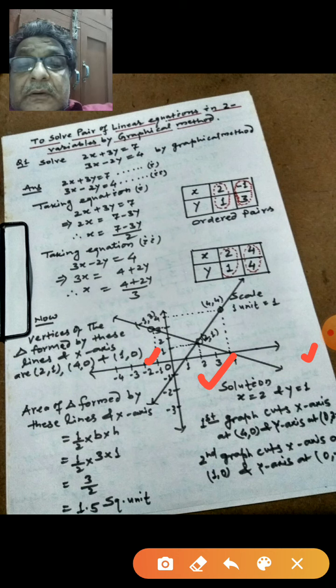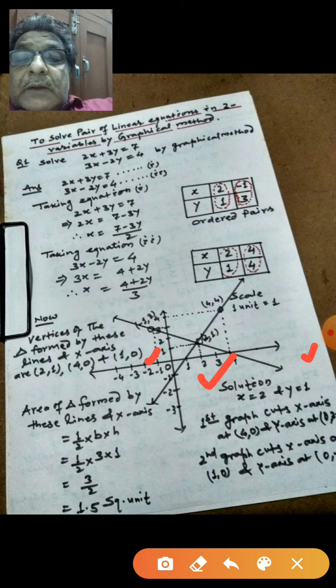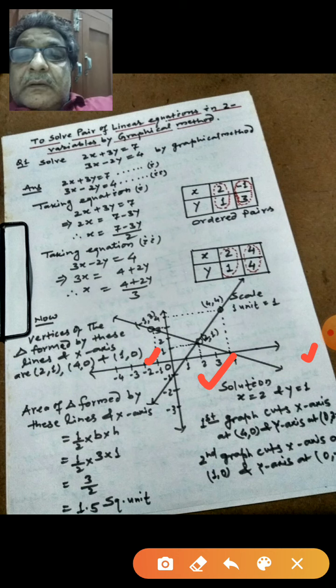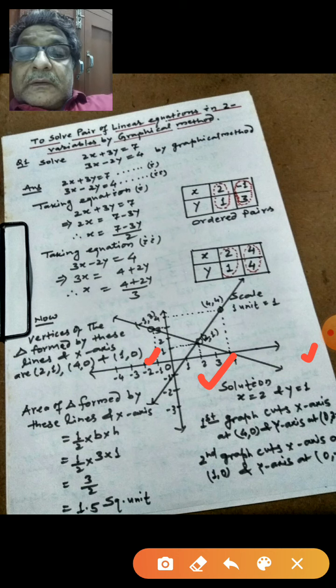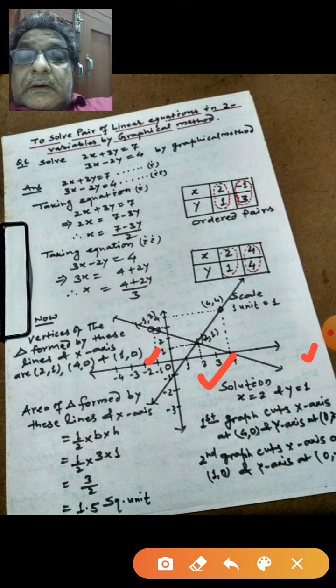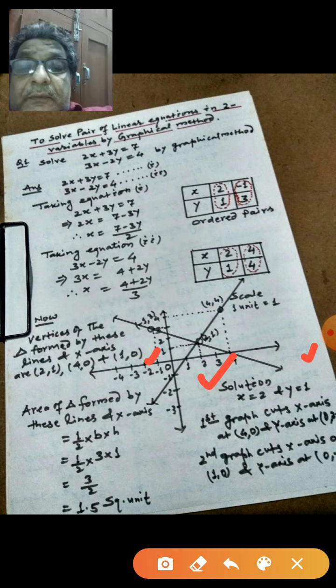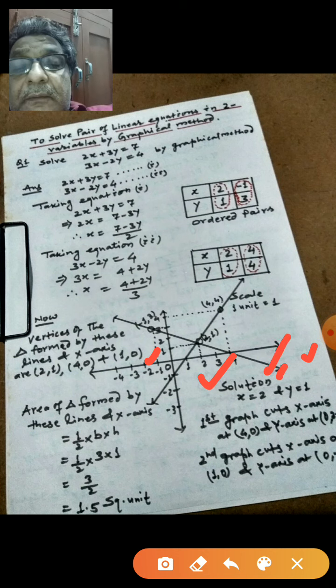Now students, after this, in this question many more tails are added, such that suppose we are asked to draw the graphs for the pair of equations and find the solution. Also state where the graphs cut the x-axis and y-axis. So if we see, it is very clear that one graph, this one, is cutting the x-axis at 4.